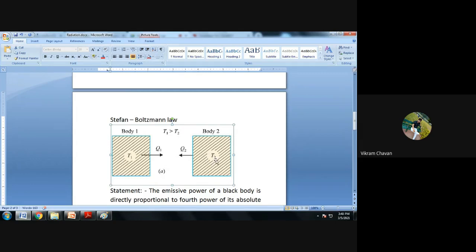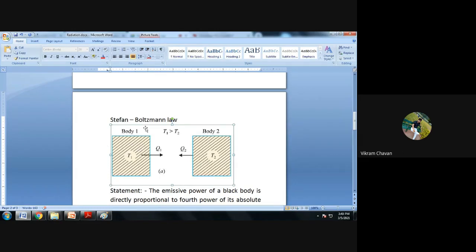All bodies emit radiation heat in all directions, except at 0 Kelvin. So these two bodies are also emitting heat. Body 1 emits radiation towards body 2, whereas body 2 emits radiation towards body 1.